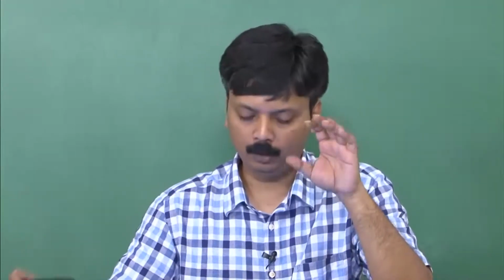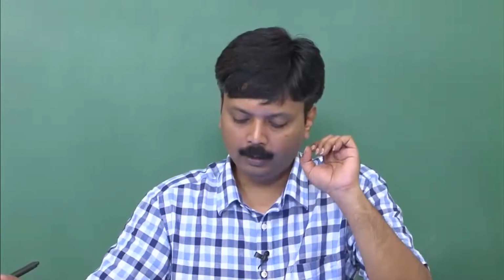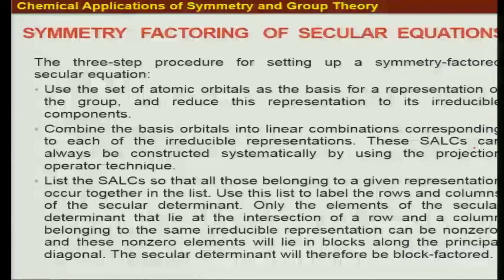We tabulate them, and we use this list to label the rows and columns of the secular determinant. Only the elements of the secular determinant that lie at the intersection of a row and column belonging to the same irreducible representation can be non-zero, and these non-zero elements will be in blocks along the principal diagonal.